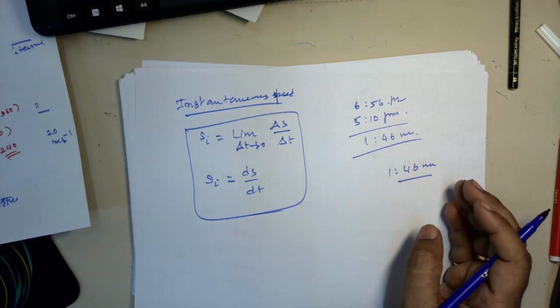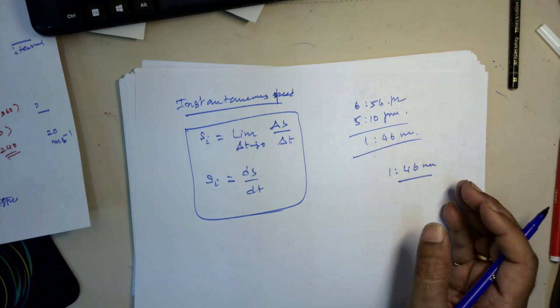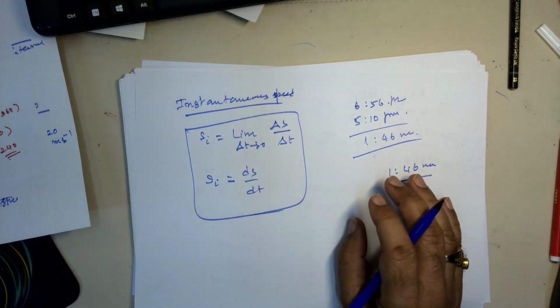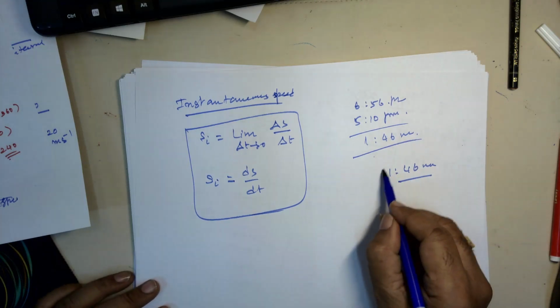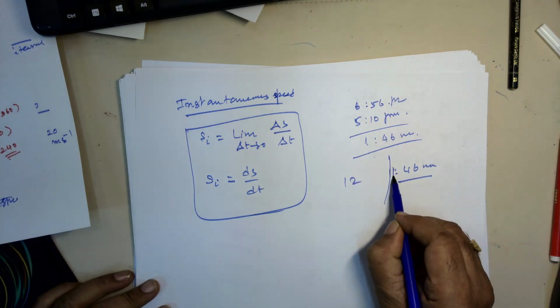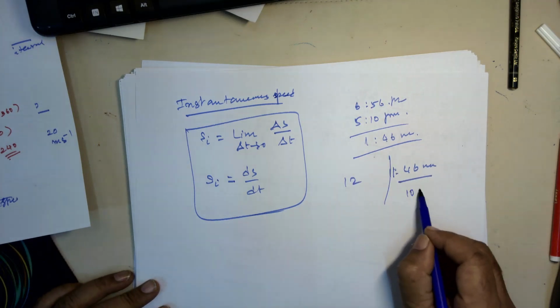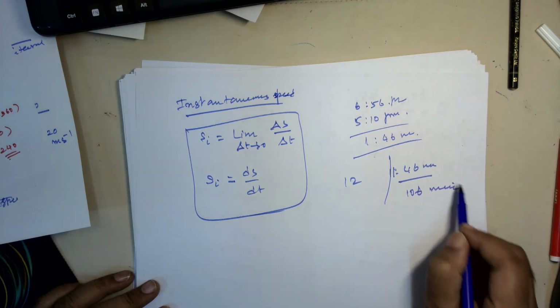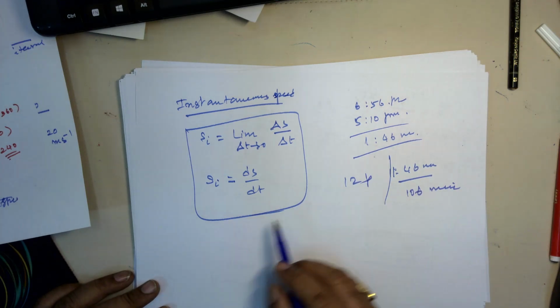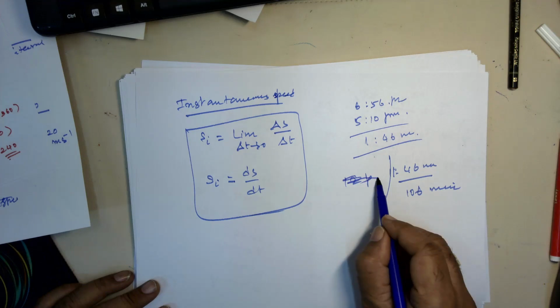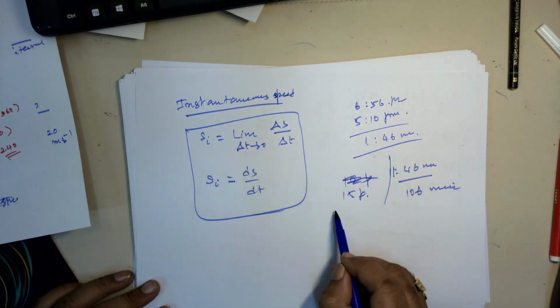I have covered almost 10, 12 pages, right? In how many minutes? 60 plus 46 means 106 minutes, right?